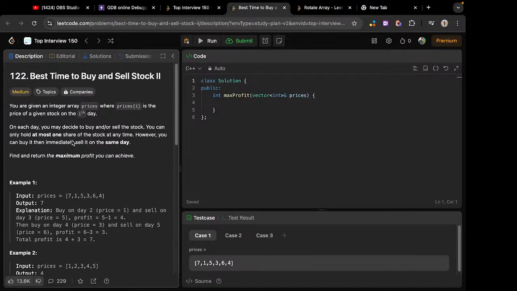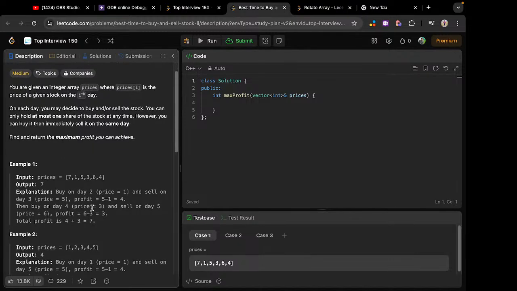The statement says you are given an integer array prices where prices[i] is the price of the given stock on the ith day. On each day you may decide to buy or sell the stock. You can hold at most one share of the stock at a time. However, you can buy it and sell it on the same day. Buy on the second day and sell on the third.